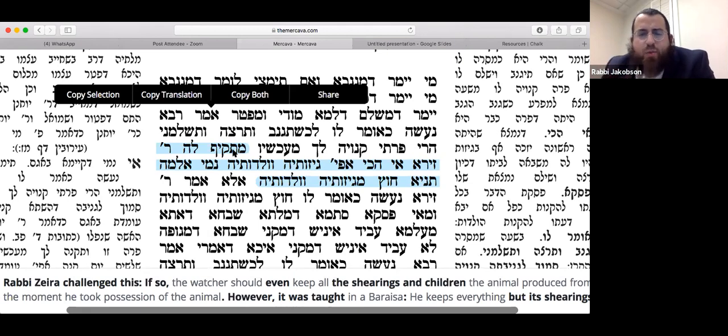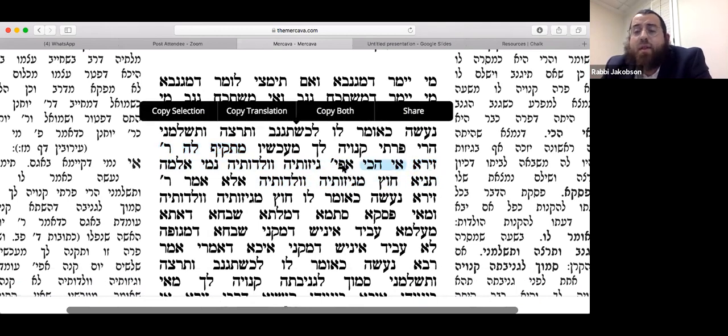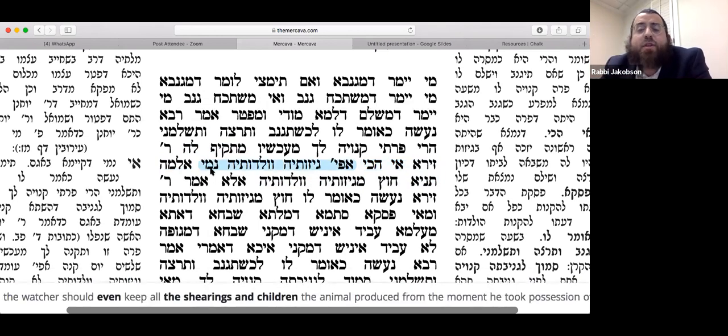So let me just read that question one more time. Reb Zera challenges Rava. If so, that the cow is mine from the day you deposited by me, even the offspring and the shearings should also go to the watchman.